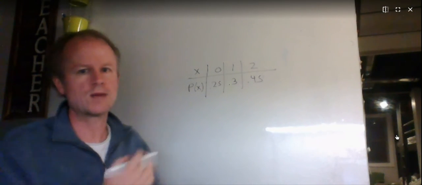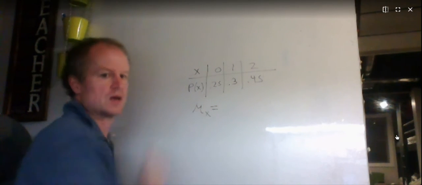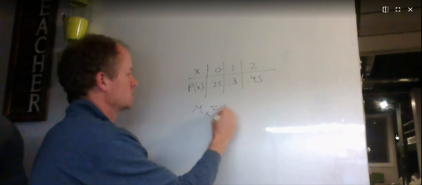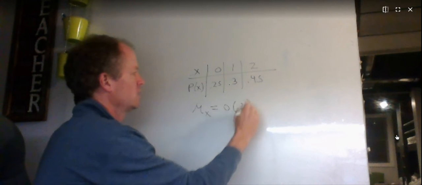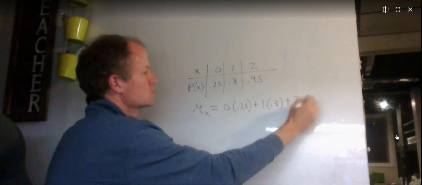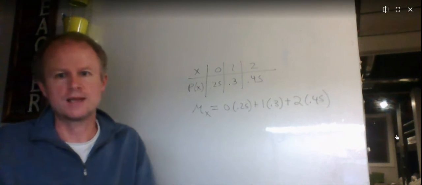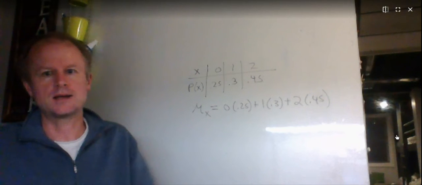To figure out the mean expected value of x, I would simply do 0 times 0.25 plus 1 times 0.3 plus 2 times 0.45, and that gives me what I should expect on average.